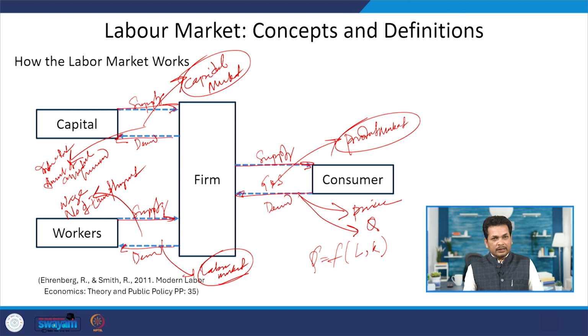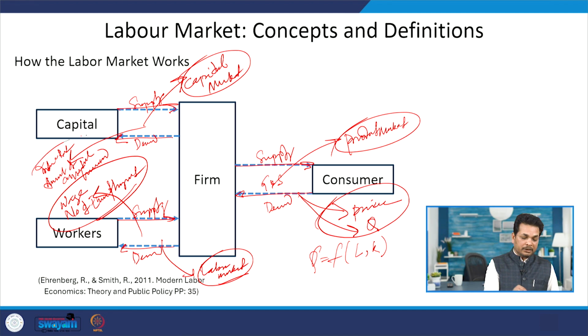So, to study the behavior of this labor market, the outcome of the labor market, we need to understand how the product market behaves and how the capital market behaves. The demand and supply of labor can be influenced by the demand and supply of goods and services in the product market.